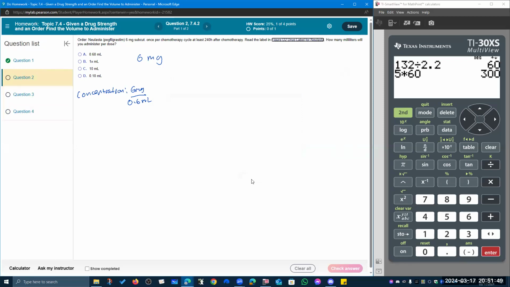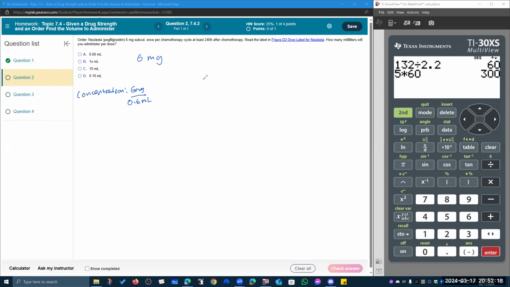All right, so that is the same as 1 milligram per 10th of a milliliter, or 10 milligrams per milliliter, however you want to express that concentration. But let's go with what they said on the label here, that there's 6 milligrams in 0.6 milliliters.